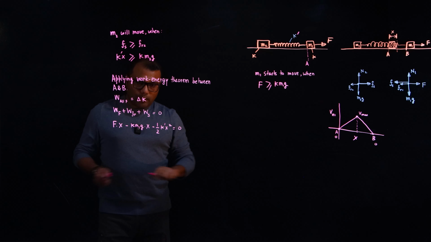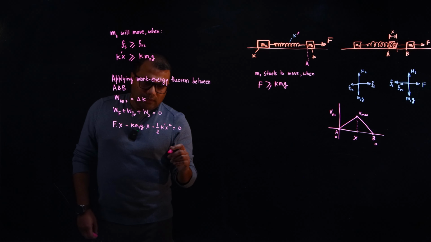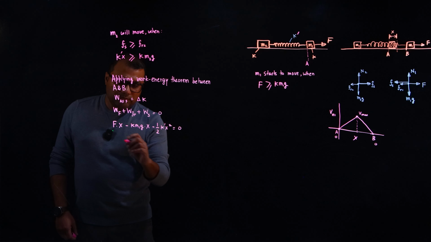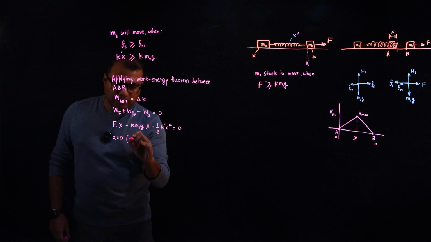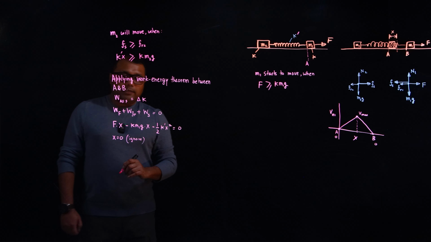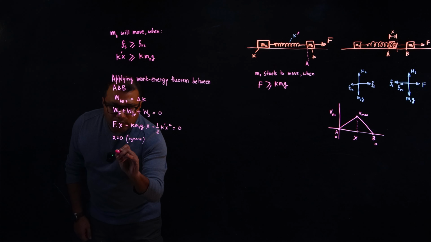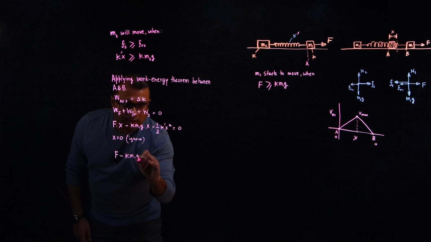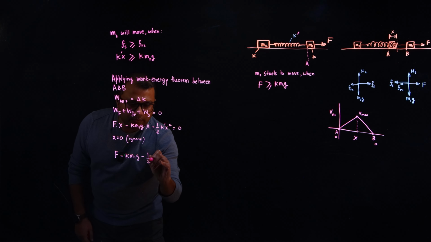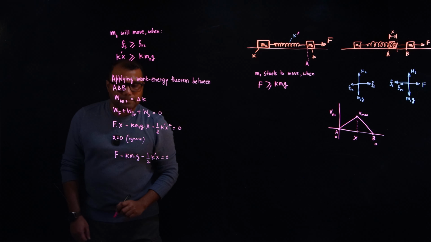So from this we have one solution, which is x equals 0. That solution we can ignore. Let's look at the other solution then. So F minus k m1g minus half k dashed x equals 0.